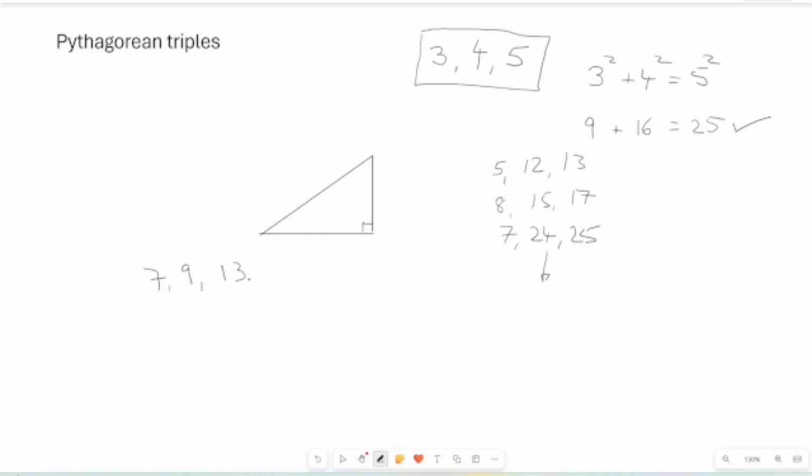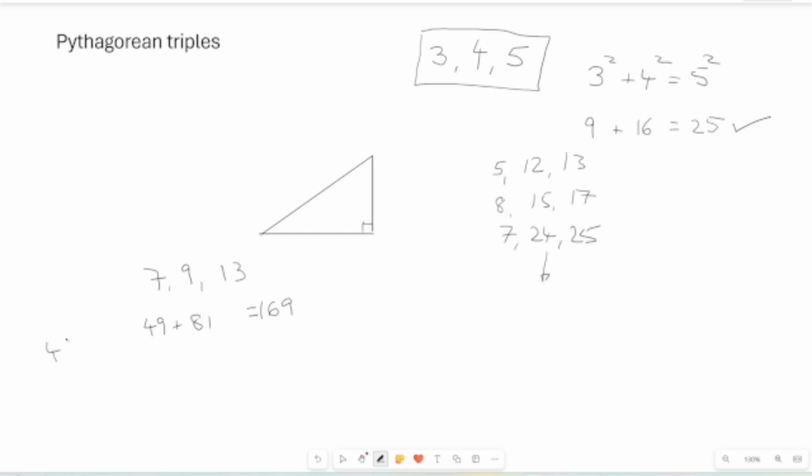Well, obviously 13 is the longest side, and 13 squared is probably 169. Yeah, that's right, 169. So the question is, do 7 and 9, the other two sides squared and summed, equal 169? Well, 7 squared is 49, and 9 squared is 81.